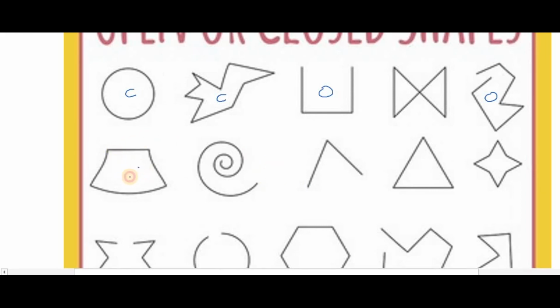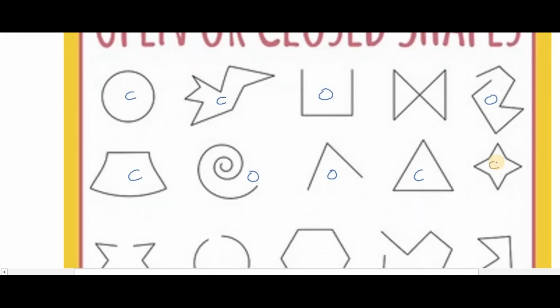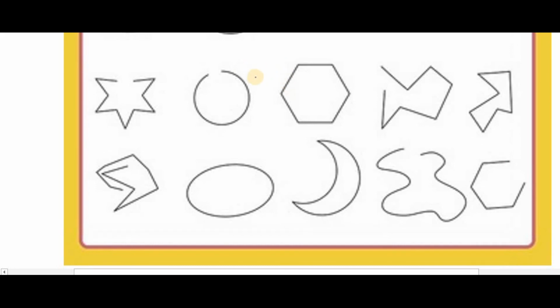This one is closed, this is open because it is open here, and this is also open like this, and all three sides are closed, and here the 4-point star is also closed. See here the star is open, and here the circle is not closed, and here all six sides are closed, and here it is open.